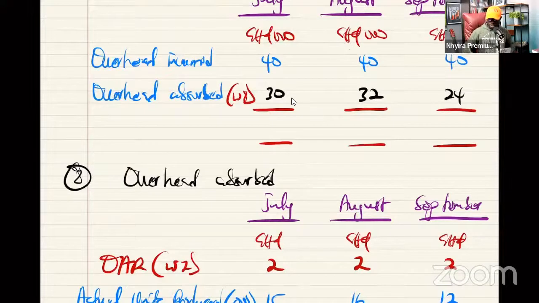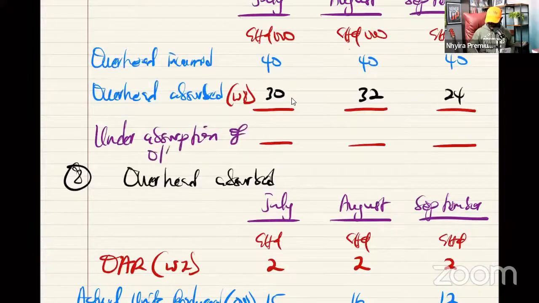We are supposed to charge 40,000, but based on the calculation, we charged 30, 32, and 24. So that is under absorption of overheads. Coincidentally, all will be under absorption of overhead. So it's going to be 10 here, 8 here, and 16 here.